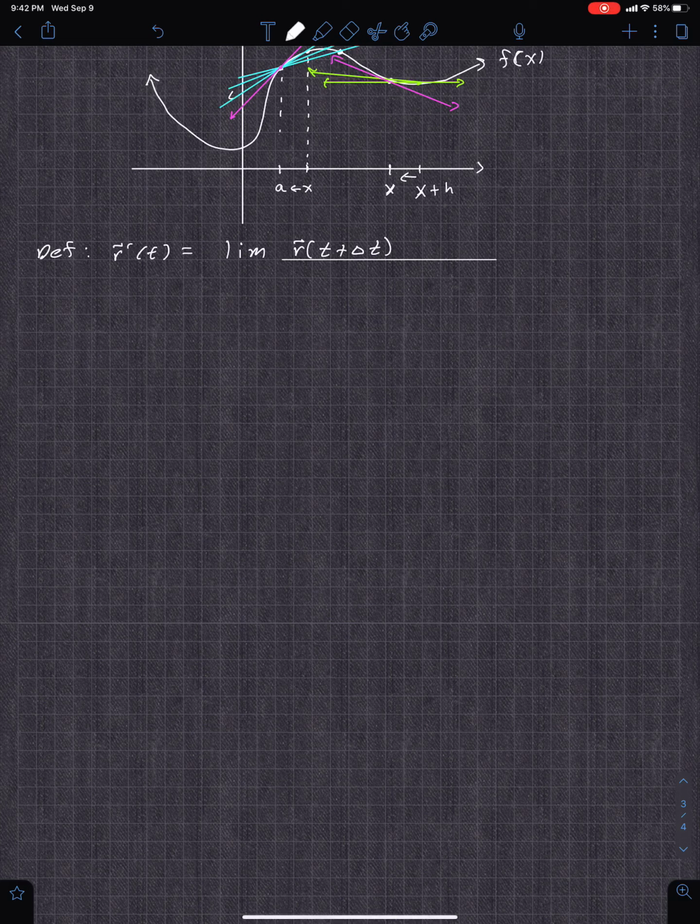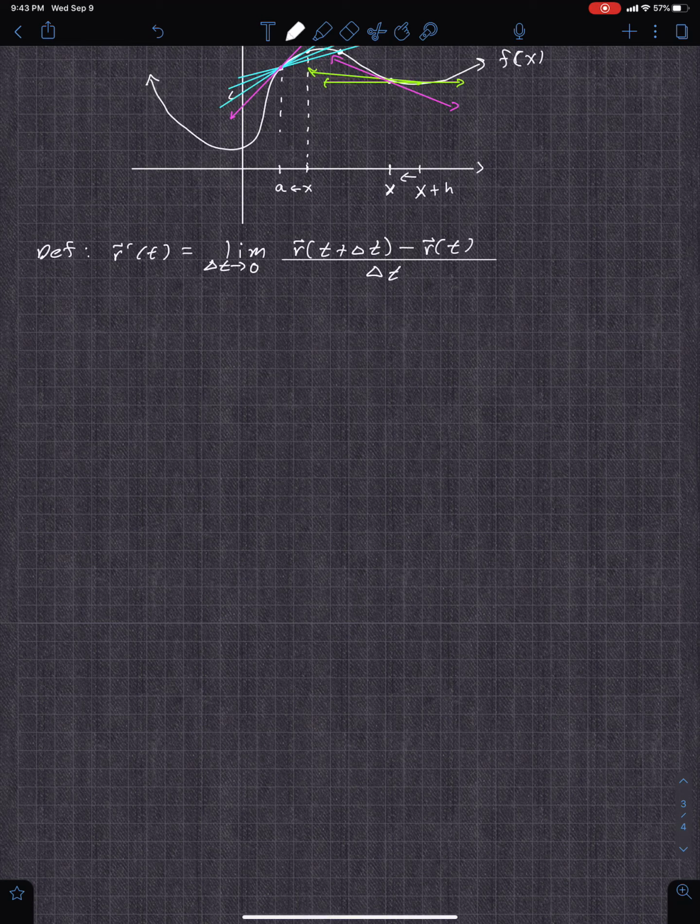Sometimes you'll see that as delta x, slight change in x. So we'll just use delta t. That's how they like to define it. Minus r of t all over delta t as delta t approaches 0. So that's the definition. I mean, you can show this in a delta epsilon way, but that's not really necessary. So r prime is that limit.